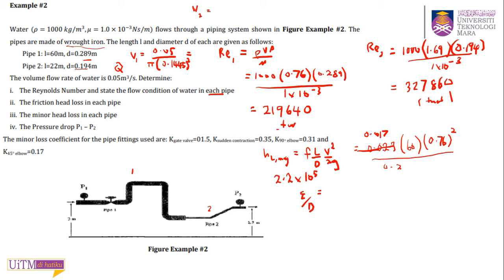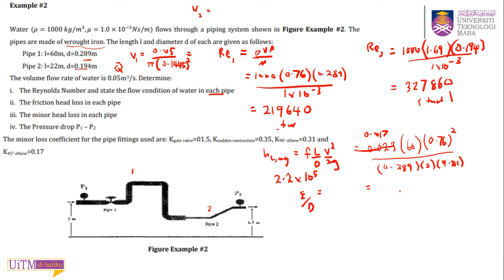Divide by D, 0.289, times 2 times G. What is the value? 0.017 times 60 times 0.76 squared over 0.289 times 2 times 9.81.